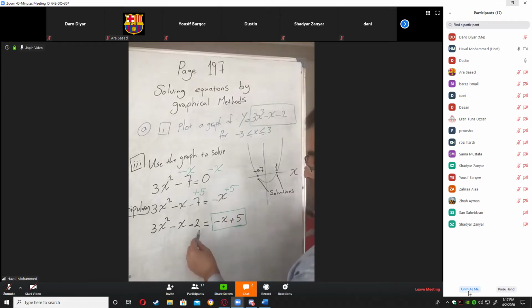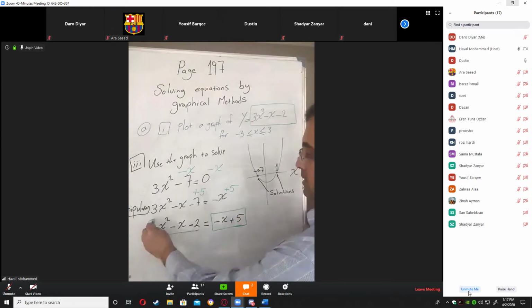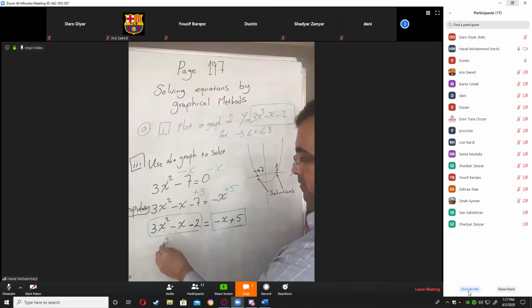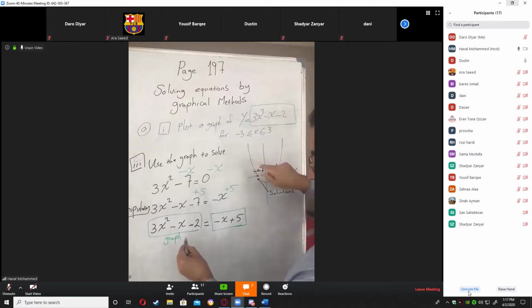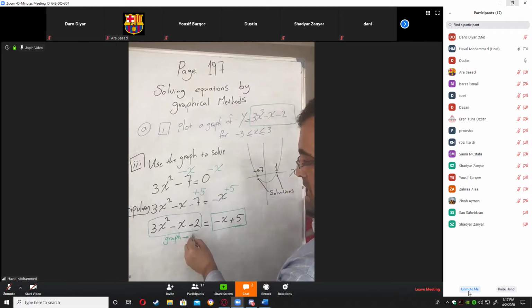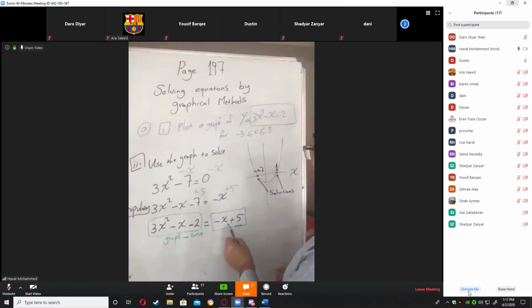We already got the graph of this, which is the curve. Now, I need to find the graph of that straight line. If you remember what we did in the past, how we can draw the graph of a straight line, we give two values to x.